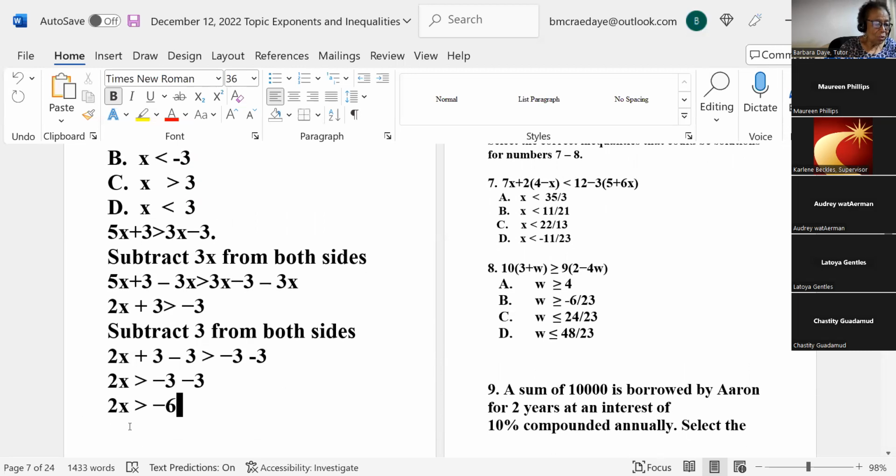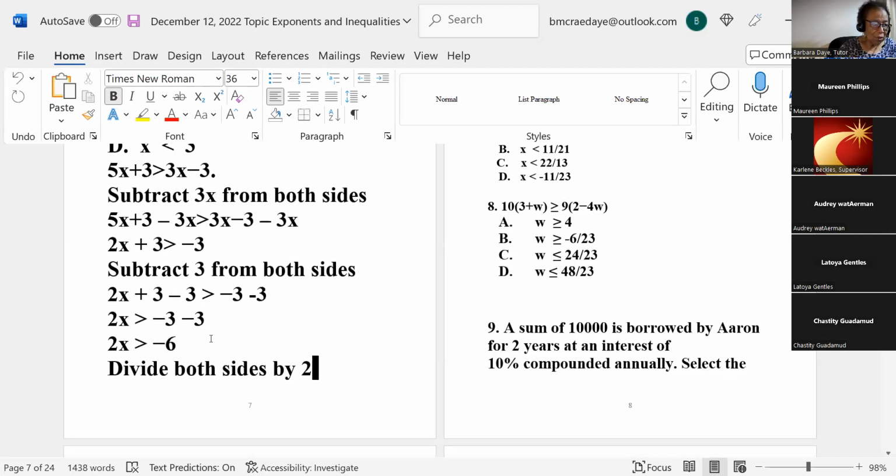What do you divide by? What number? Divide by just the 2. That's right. Divide both sides by 2. And what does that give you, Audrey?